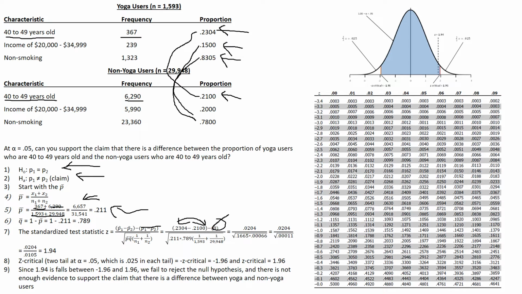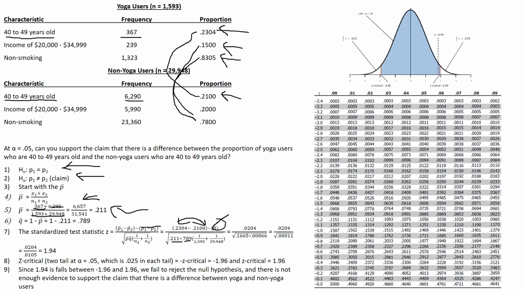Then my denominator, the standard deviation for proportions, is my P bar times my Q bar, which is 0.211 times 0.789, times 1 over the yoga users, 1,593, plus 1 over 29,948 non-yoga users.